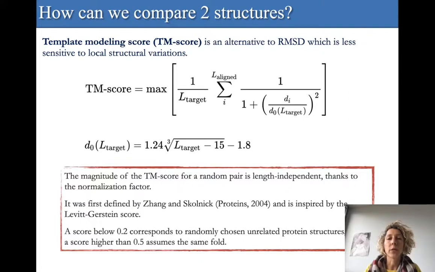It was defined in 2004, and if you have a score below 0.2, you have randomly chosen unrelated protein structures. A score better than 0.5 assumes the same fold. Because of this normalization by the length, you are less sensitive to structural variation. These values that you see were determined imperfectly.